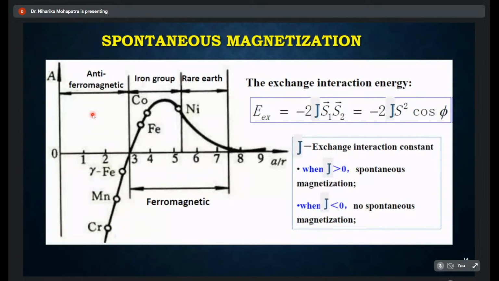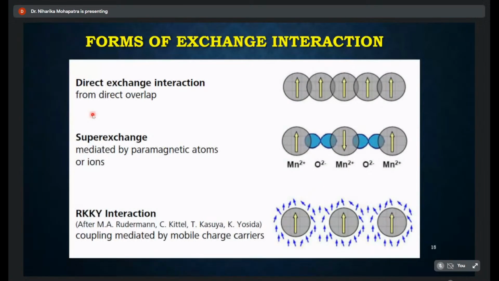And I'll show you other types of exchange interaction. You can have direct exchange interaction, super exchange interaction or RKKY interaction. There are also other kinds of interaction like double exchange interaction, or the DM interaction, Dzyaloshinskii-Moriya interaction.